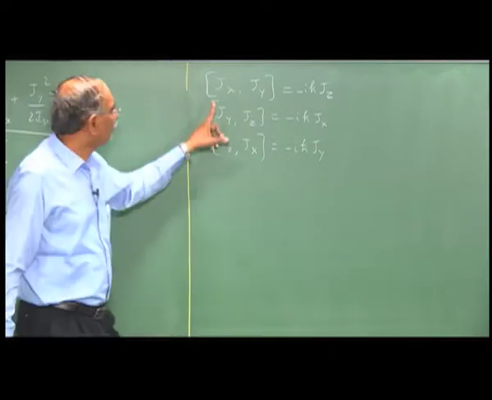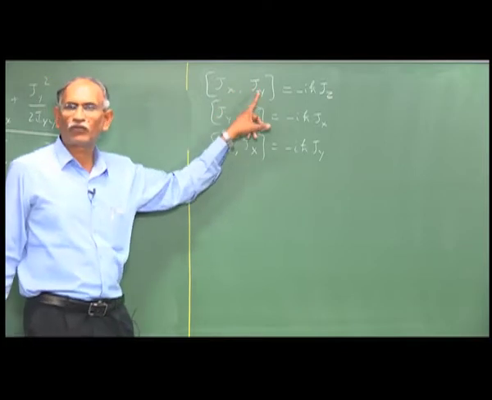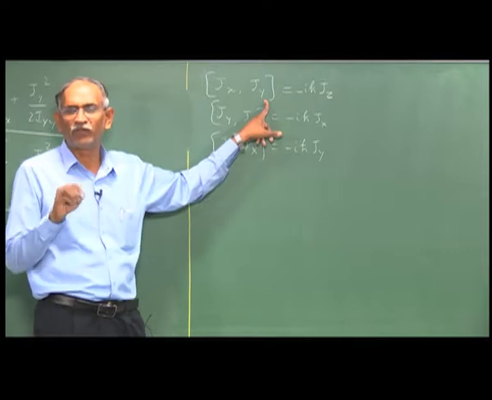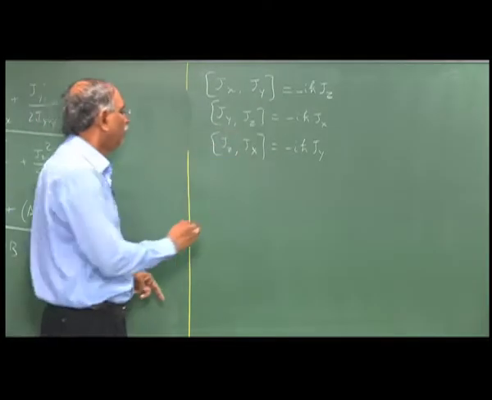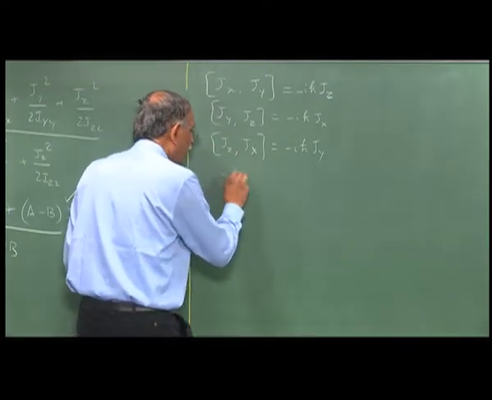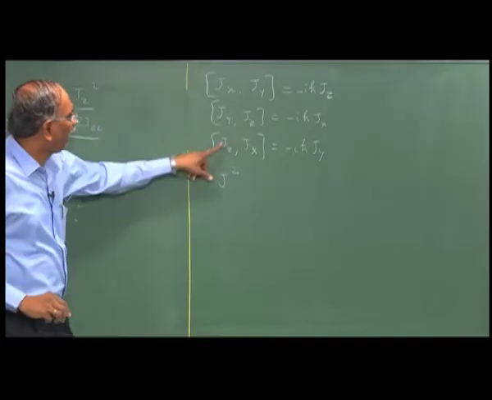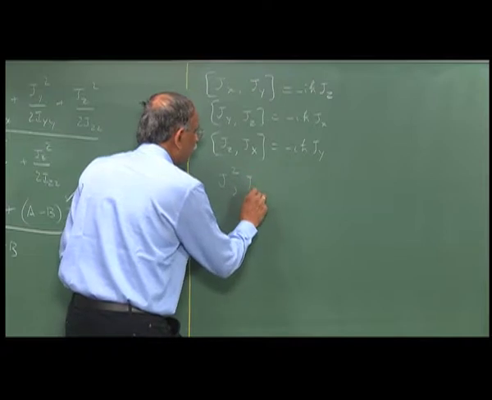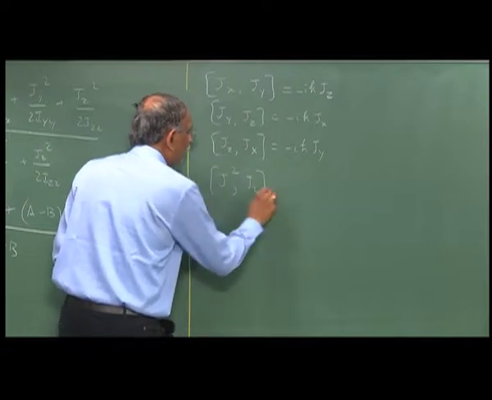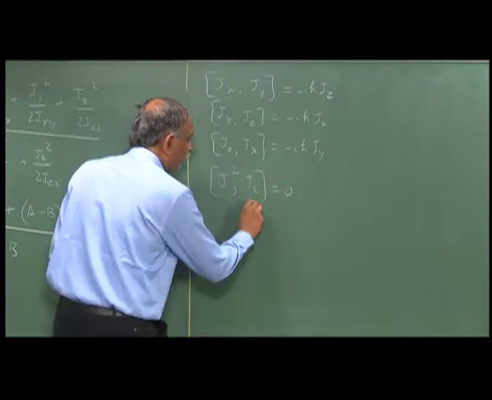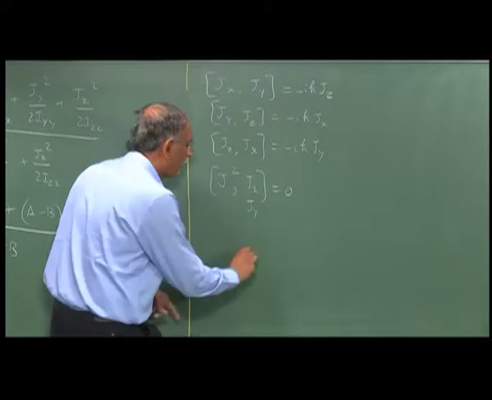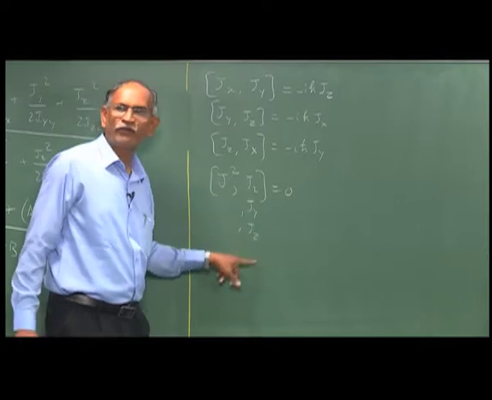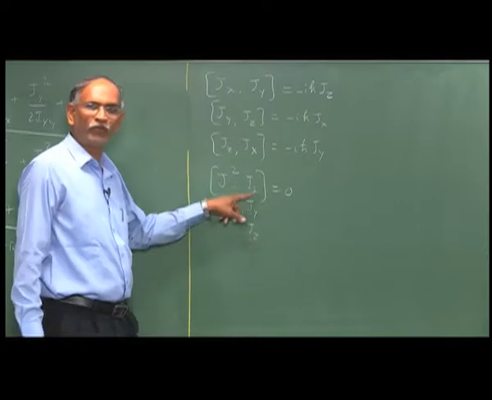What it means is that simultaneously you cannot measure the x component of the angular momentum and y component of the angular momentum for the same system, but you can always measure the absolute square of the angular momentum and one of the three components, because in the lecture I remember telling you that J square comma Jx is equal to 0, or Jy is equal to 0, or Jz. That is, J square commutes with all the three components, but these do not commute with each other.